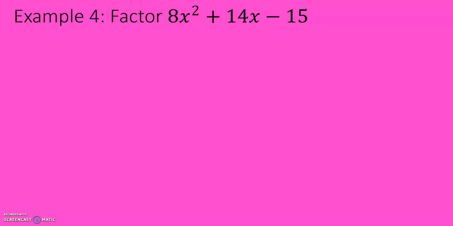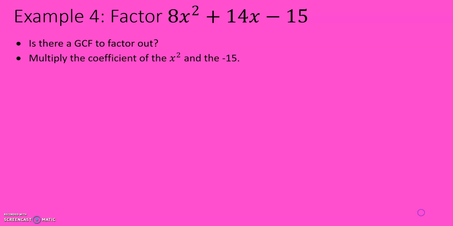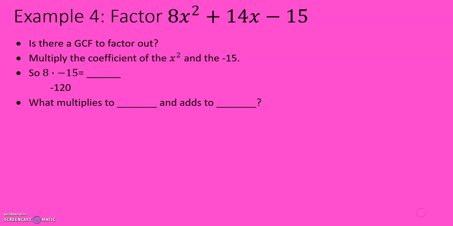Example 4, factor 8x squared plus 14x minus 15. There is not a greatest common factor to factor out. Multiply the 8 and the negative 15, which is negative 120. What multiplies to negative 120 and adds to 14?